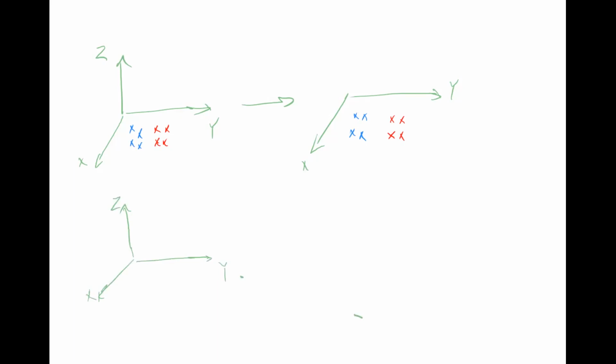I try to drop this plate. Look at this plate. It cuts my X, Y, and Z in different locations. These black dots mean just the intersection of the plate with those dimensions. And now look at my observations or points.